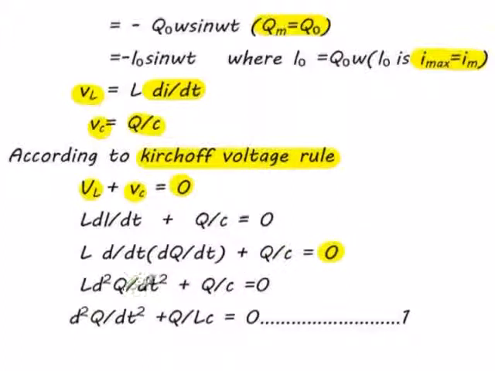In other words, L into d square Q by dt square plus Q by C equals 0. That is, dividing throughout by L, d square Q by dt square plus Q by LC equals 0.